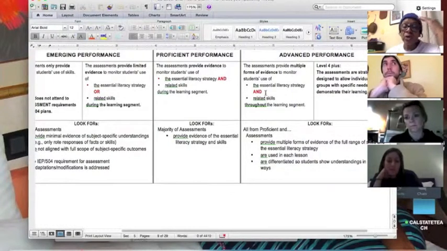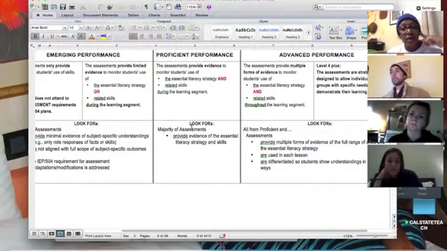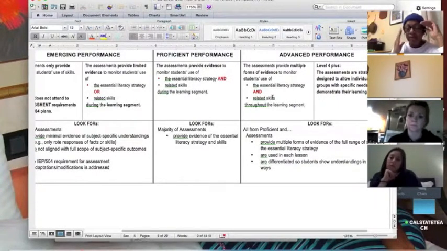And this one is that not only are you doing this, they have related skills, but it's throughout the segment. So let's say that you are asking the kids to use this vocabulary word and have the syntax. And so let's say what they're doing now is defining the vocabulary word.